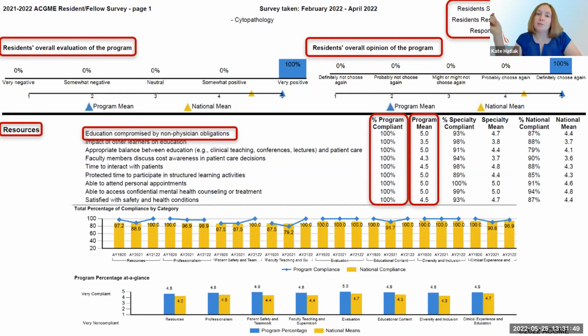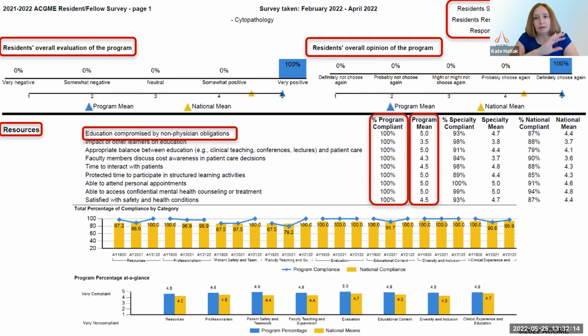A compliant response is typically defined as the top 2 positive responses. Sometimes it's the top 3. It changes based on the scale. So that percent program compliant tells you how many respondents gave a compliant response. You can see for this section, for every one of those survey items, every respondent gave a compliant response.